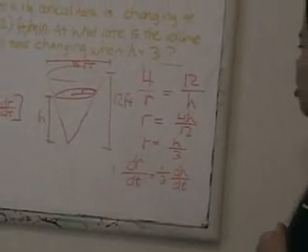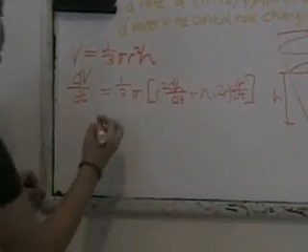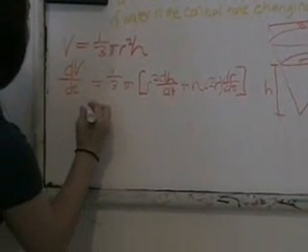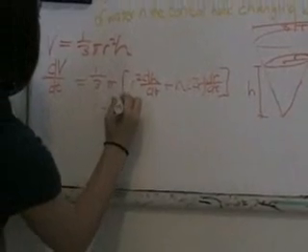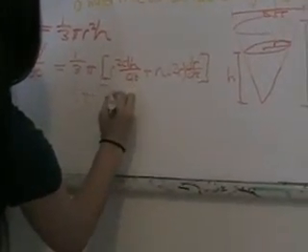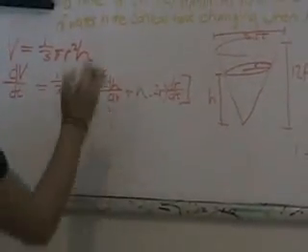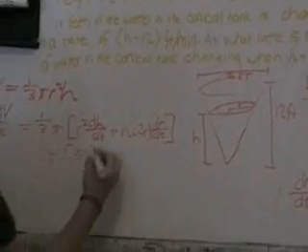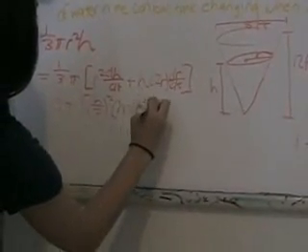So we're ready to plug stuff into the equation. So we're going to start plugging things in. 1/3 pi, r squared is h over 3, so h over 3 squared, and dh over dt, remember, is h minus 12, plus h.